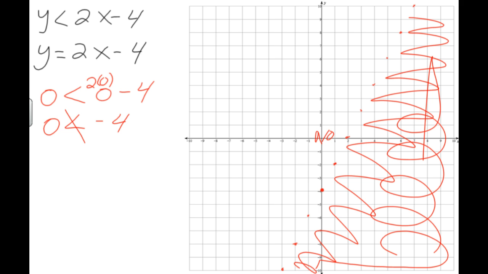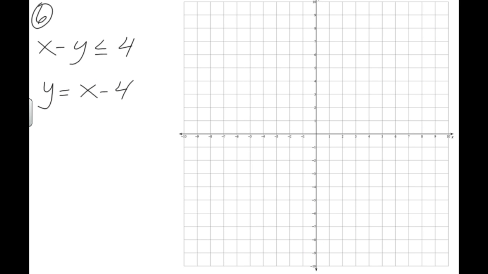All right, moving on to the next problem. Number 6. My equation is y equals x minus 4. So my intercept is a negative 4. My slope is 1. And I am going to have a solid line because it is the way it is.